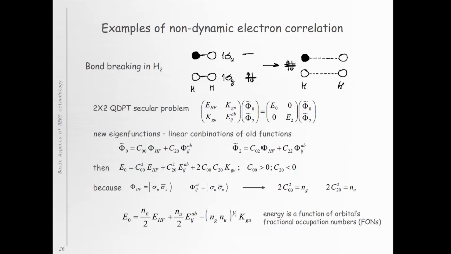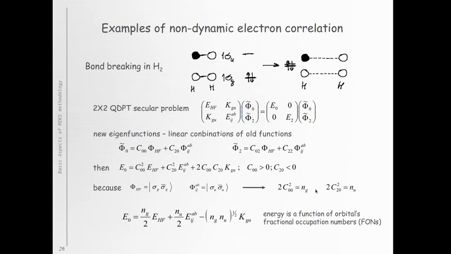Although I showed you the expression for the ground state energy as the solution of a simple quadratic equation, expressed through energies and coupling terms in a complicated way, containing square roots, there is a possibility to express this energy in a very simple form, which involves the so-called occupation numbers of the orbitals.